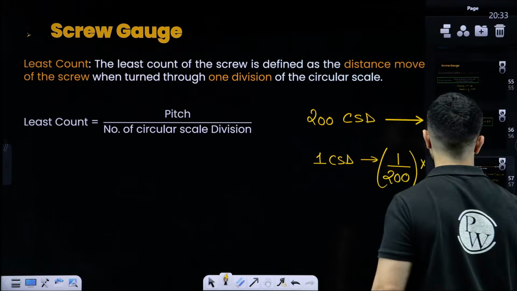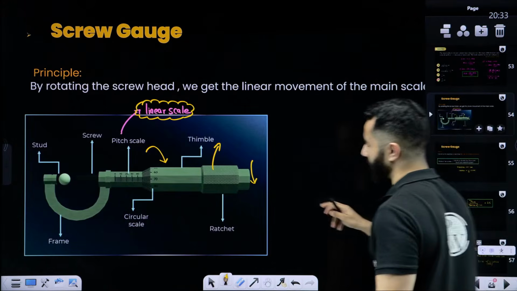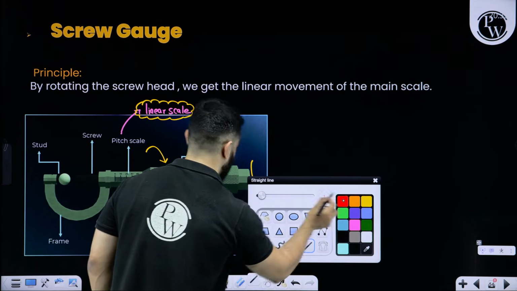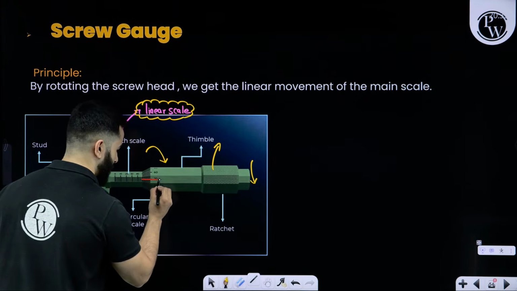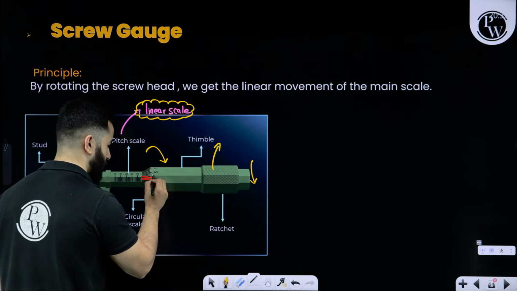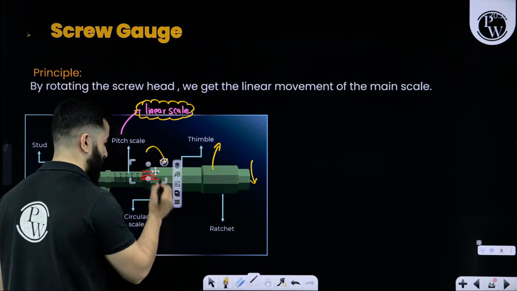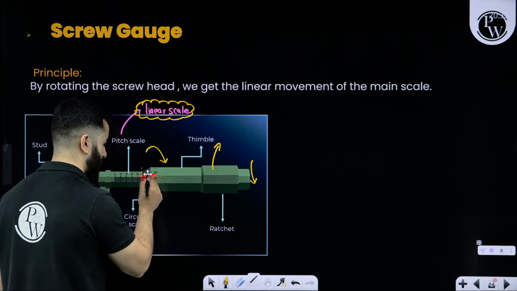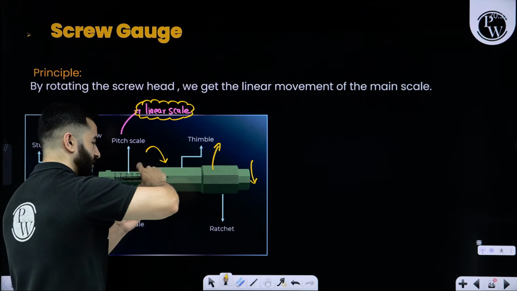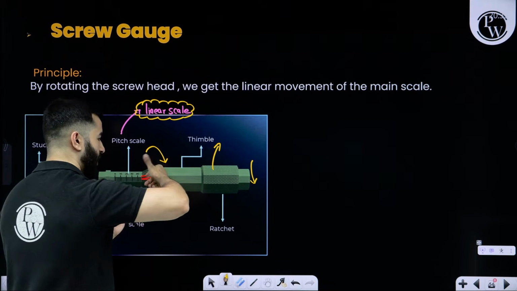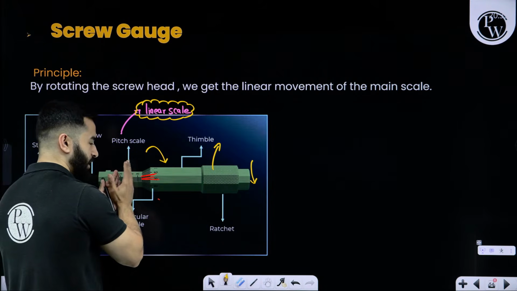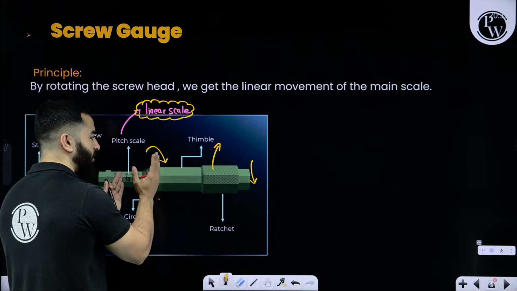Again, if you have any doubt, come back to this diagram. Here you have got circular divisions on this circular scale. This is how the circular divisions work. Clear? So let's suppose you have got a total of 200 circular divisions. When we rotate it 10 rotations, it moves 1 millimeter.